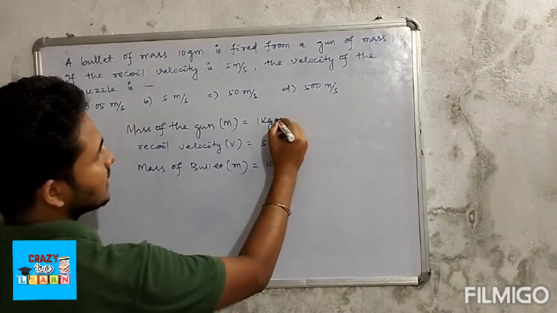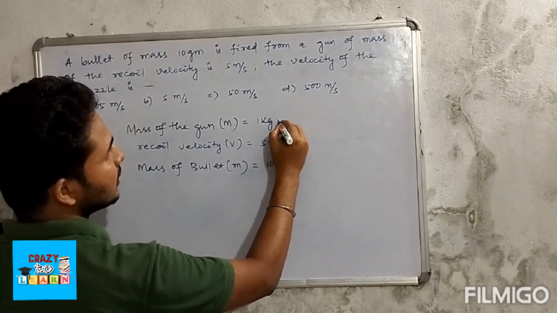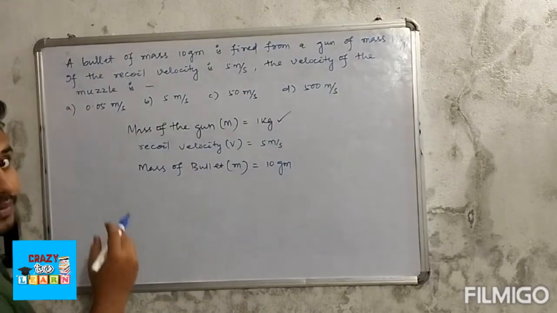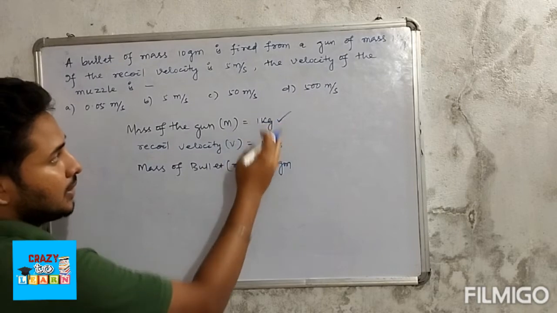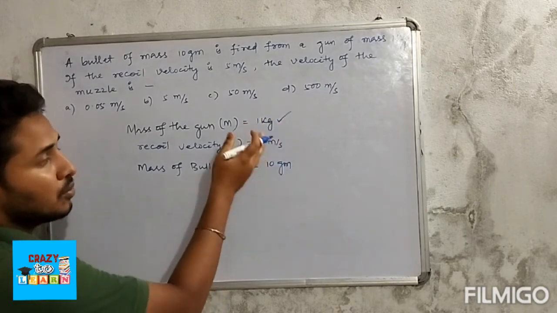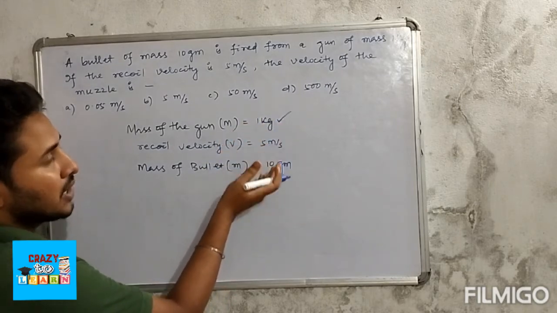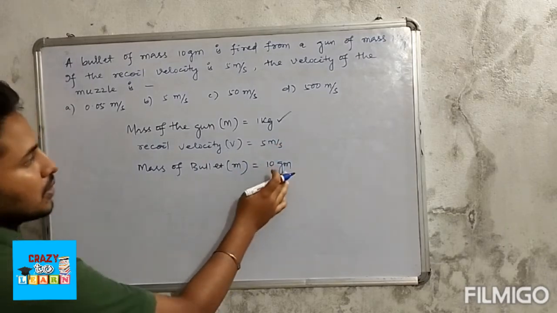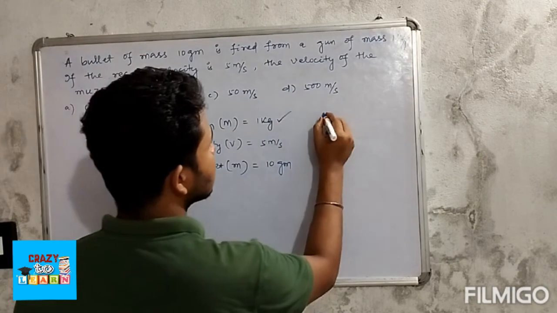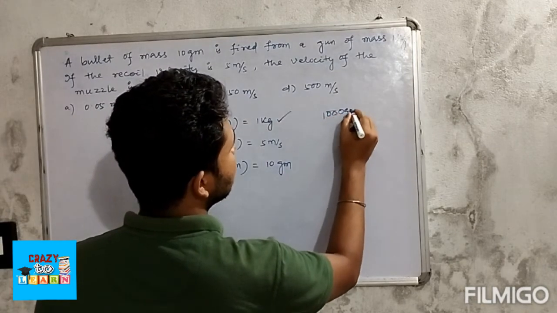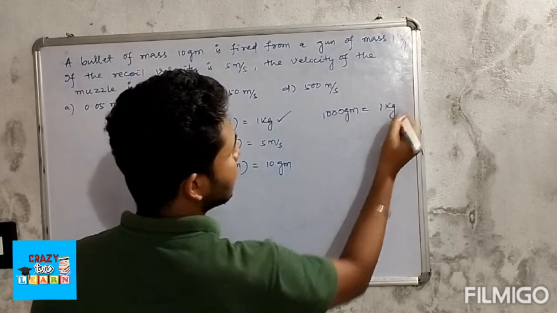As the mass of the gun is given to you in kg, and here it is given to you in gram, they are different systems of units, so you have to convert both to the same system. So we will convert the gram to kg. We know that 1000 gram is equal to 1 kg.